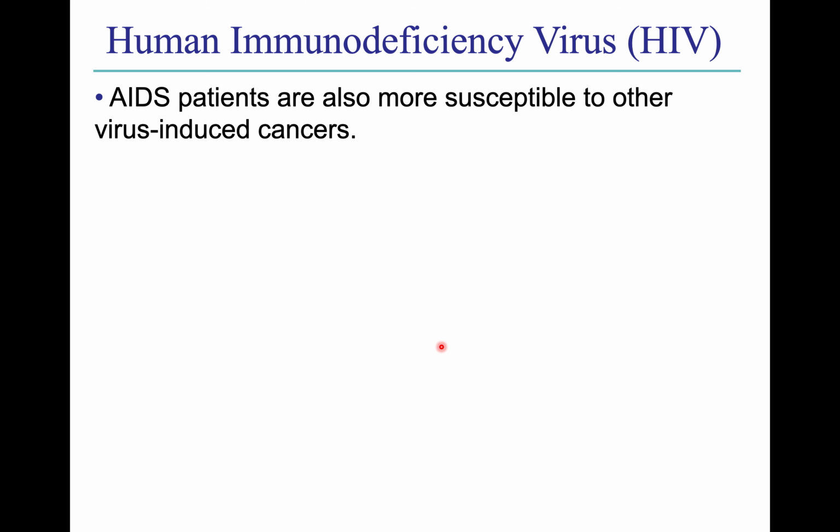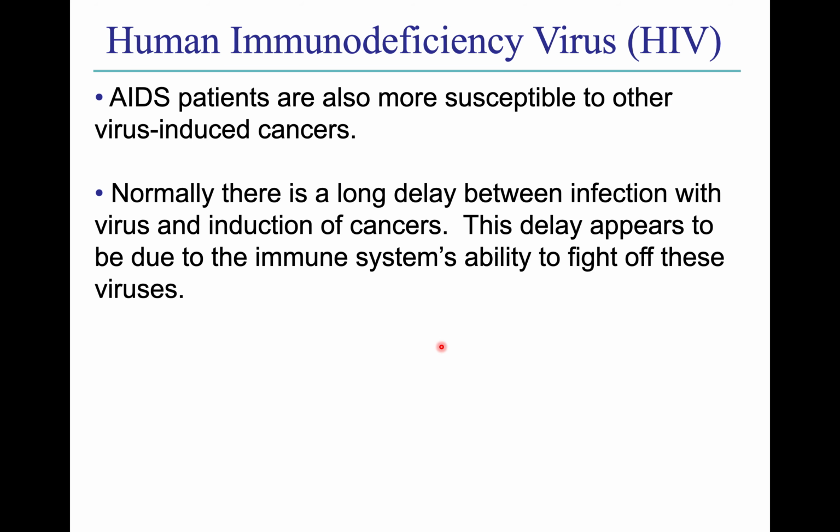And so it's not just Kaposi sarcoma. We see AIDS patients susceptible to quite a few other virus-induced cancers as well. Typically, there is a pretty long delay between the initial infection and the induction of those cancers. And this is one of the hallmarks of HIV infection: you have this very long, slow, steady, typically decline from just being HIV positive into immunosuppression and AIDS.